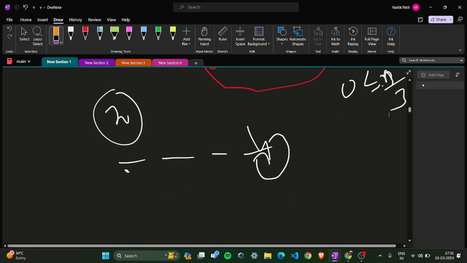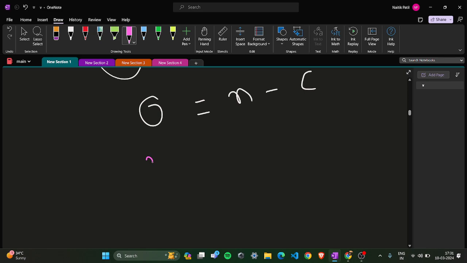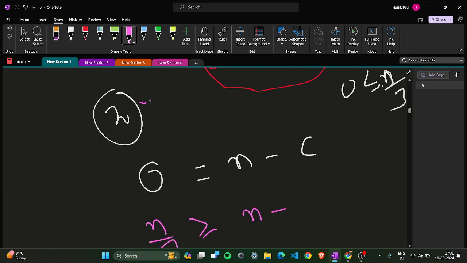So by this we can see that total operations is n minus cycles. The given condition is n by 3 is greater than or equal to n minus cycles. Now let's suppose we have x amount of self loops.